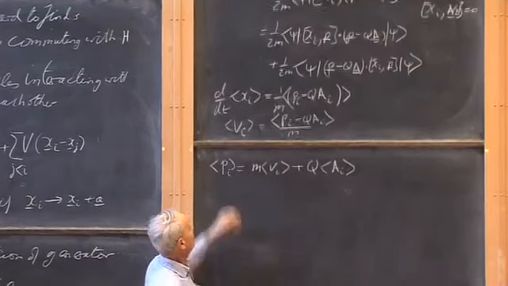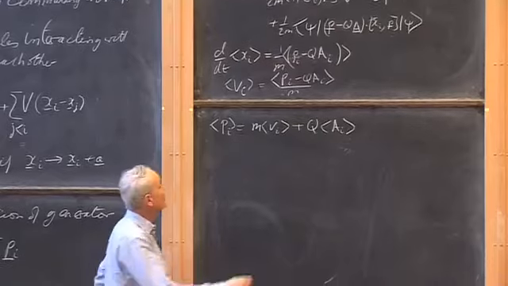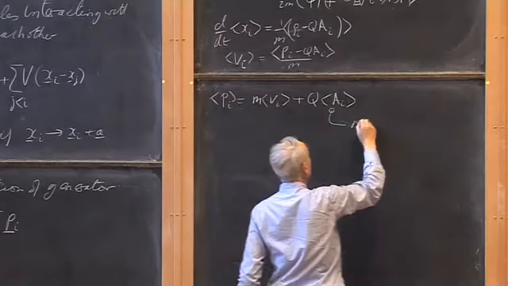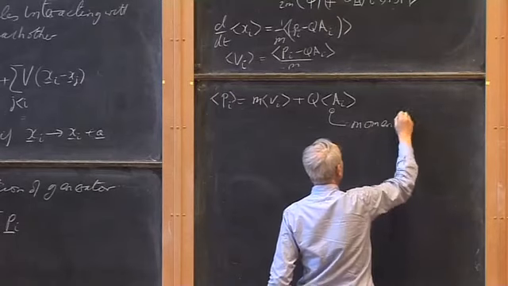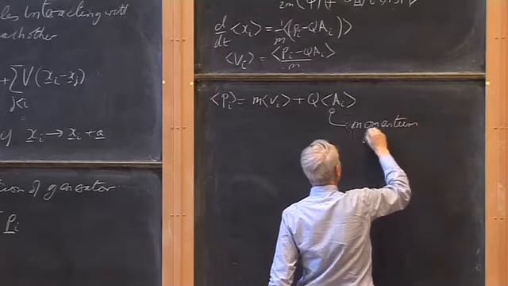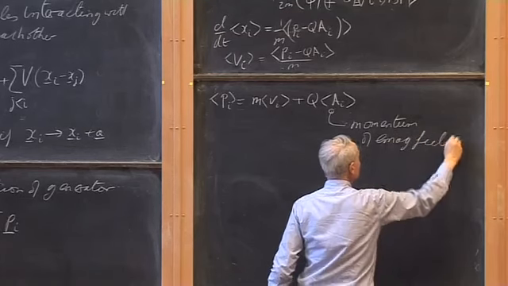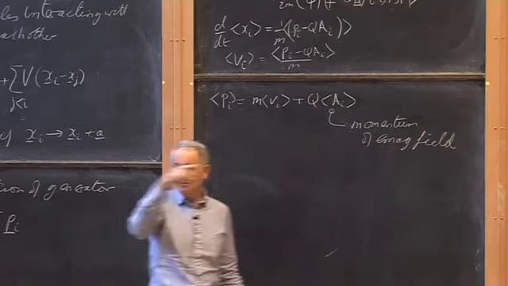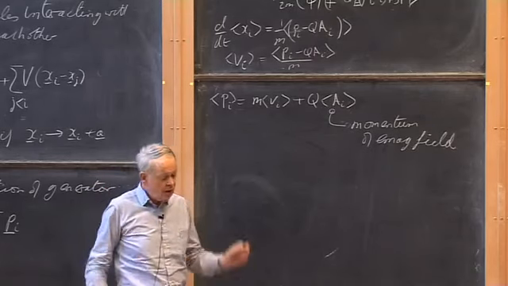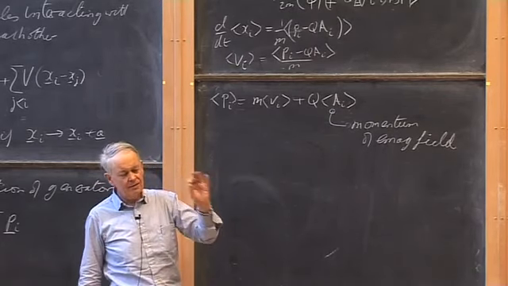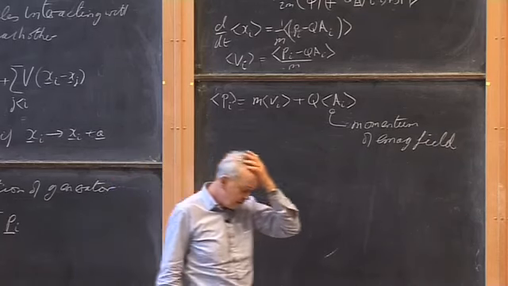And there's a problem on the problem sets that tries to convince you this is obvious, that this is the momentum of the EMAG field. The point is that if you move a charged particle, you are moving its electrostatic field.